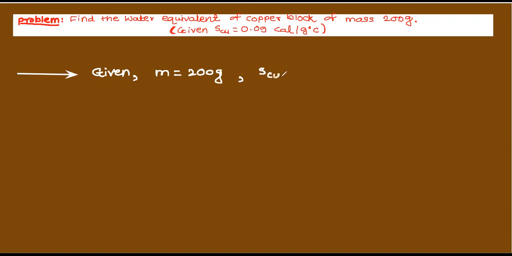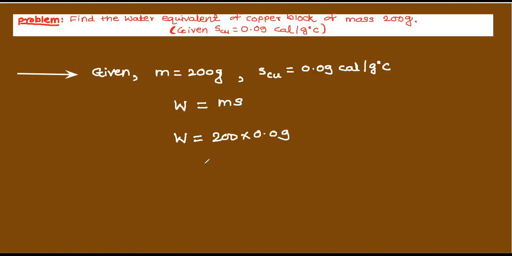Next, specific heat of copper, 0.09 calorie per gram degree Celsius. So both are in CGS units, so no need to convert anything. So what is W then? W is equal to MS formula we are having. So W is equal to 200 into 0.09. How much you are getting? W is equal to 18 gram. That's it.